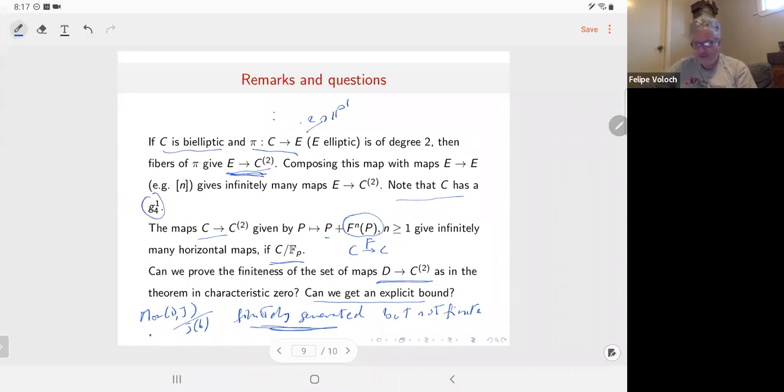I wanted to mention briefly, I'm not going to write anything, but there are some questions in number theory about equations, even equations of the type ax plus by equals 1, where you fix a and b, and you let x and y vary in a finitely generated subgroup of the multiplicative group of a field.